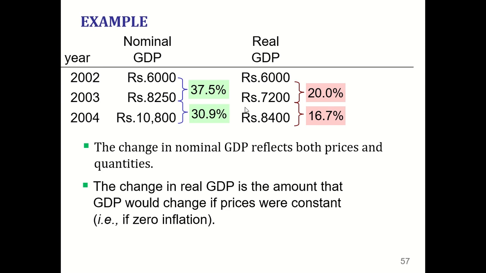Because I did not allow prices to change, that has resulted in a lowering of the GDP growth rate, and this GDP growth rate is coming from the increase in the availability of goods and services only, and we are not taking into account the price rise. In that sense, the real GDP is corrected for inflation.